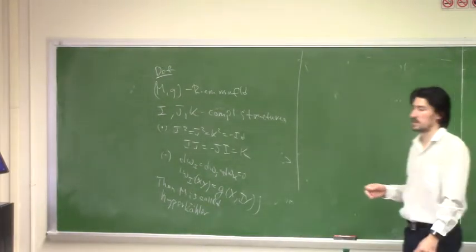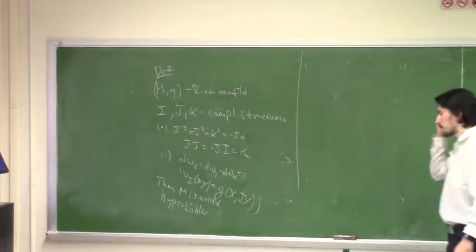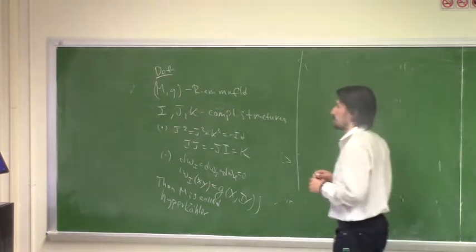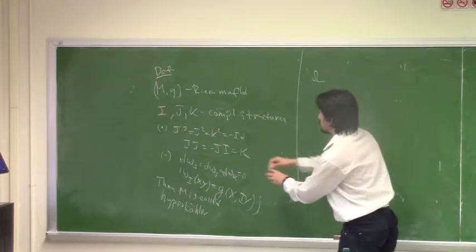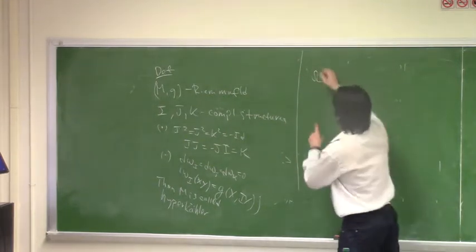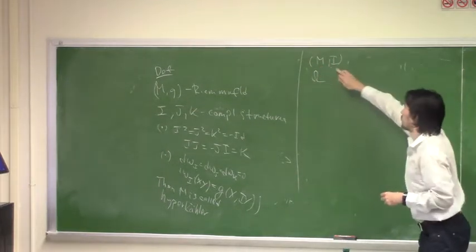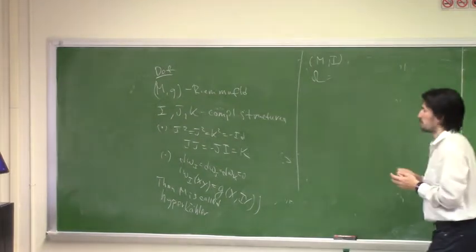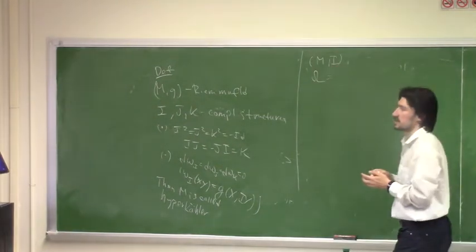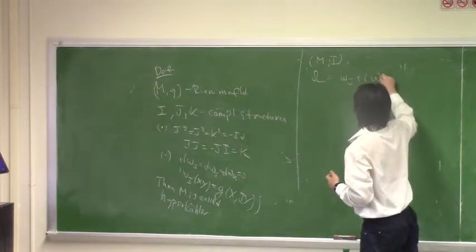But the thing is that hyperkähler manifolds are holomorphic symplectic manifolds. So it means that there exists a holomorphic 2-form such that its n-th power is a section of the n-canonical bundle, twisted. So this form can be constructed. Let's start with a complex manifold M with complex structure I. Then this omega 2-form, with respect to its complex structure, is omega_J plus i omega_K.